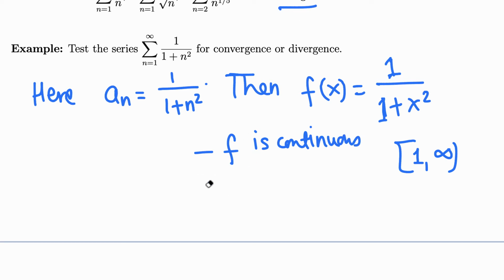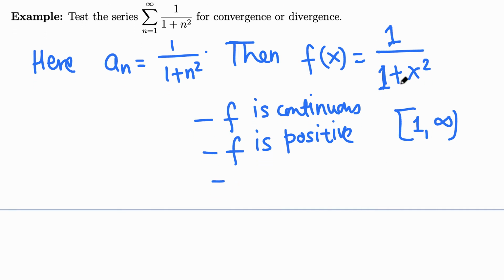Next, positive. We are taking x from 1 through positive numbers, so 1 over 1 plus a positive number squared is always positive. In fact, even if we take x negative, the square is still positive. So no question, f is positive for all x in this interval. And this function should be decreasing.